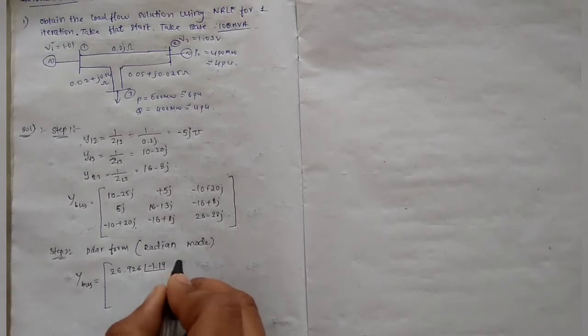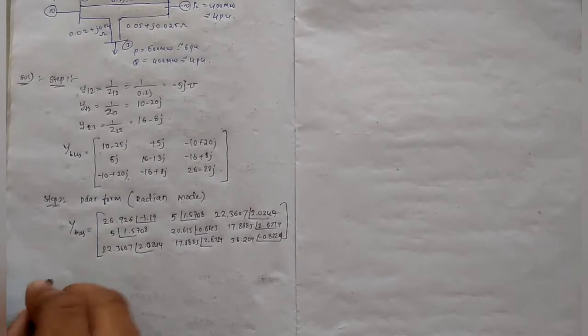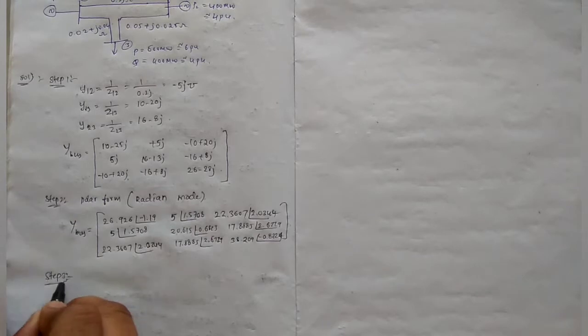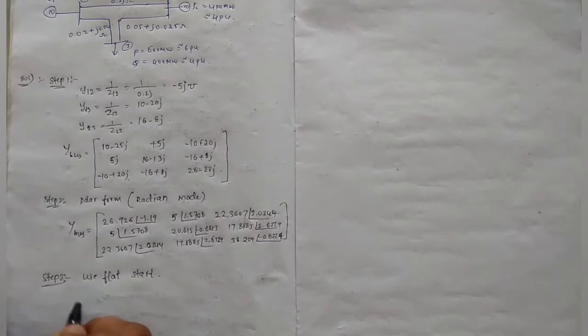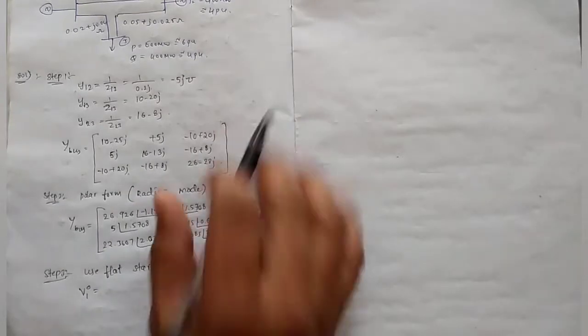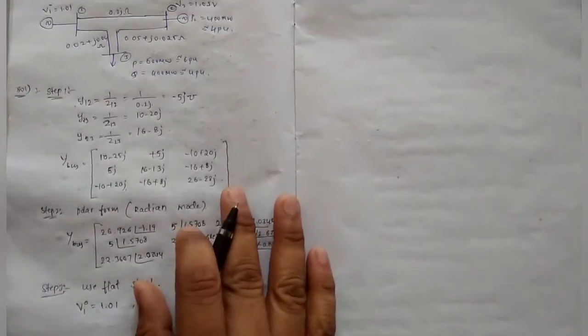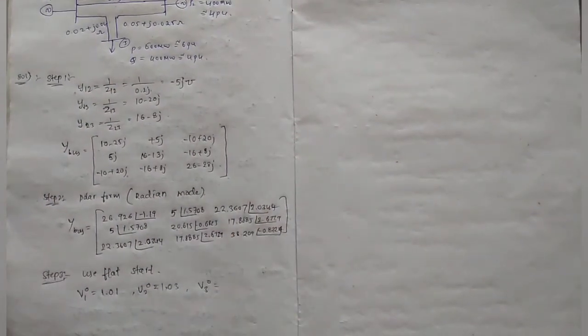And by calculating all of these like that, for step 3, in step 3 we need to use the flat start. For the NRLF method, the flat start is, of course, the voltages: V10 they gave as 1.01, and V20 they gave as 1.03 volt, and V3 they did not mention, therefore for slack bus angle 0.